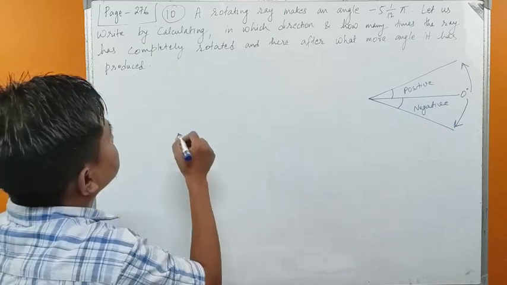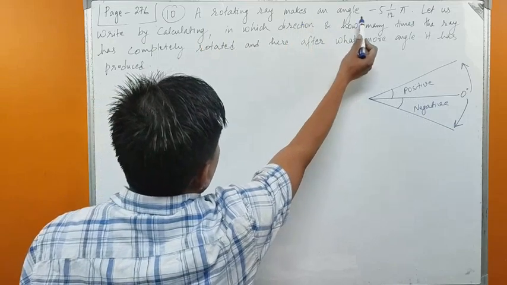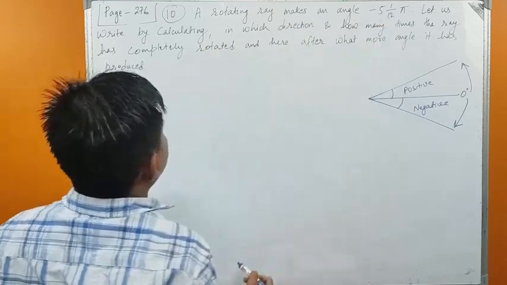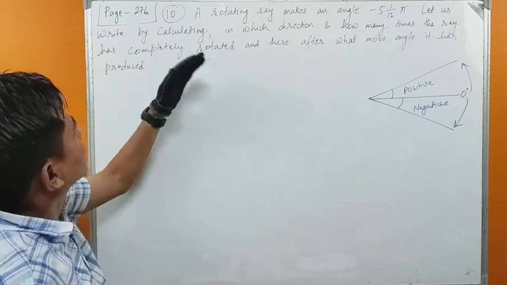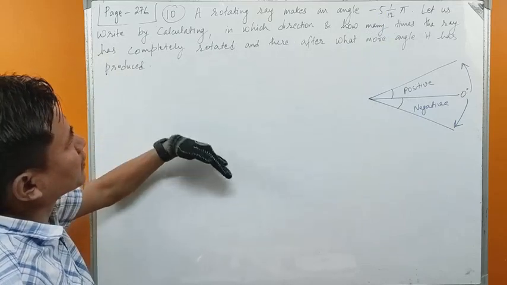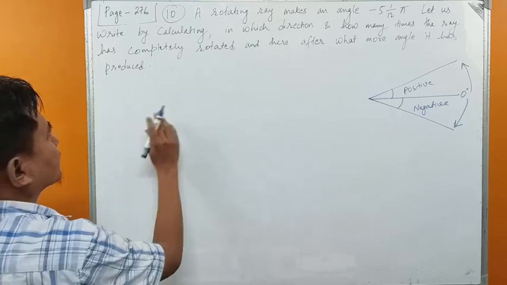So let us do the sum. The rotating ray makes an angle minus 5 whole 1 upon 12 pi. We are asked to calculate how many rotations the ray has completed and how many more degrees the ray has produced.